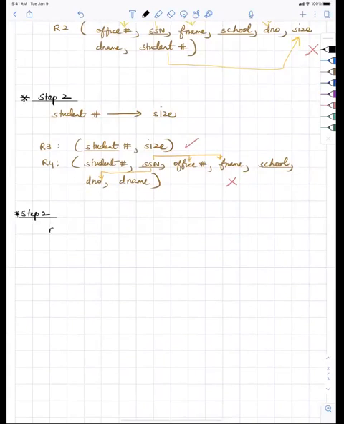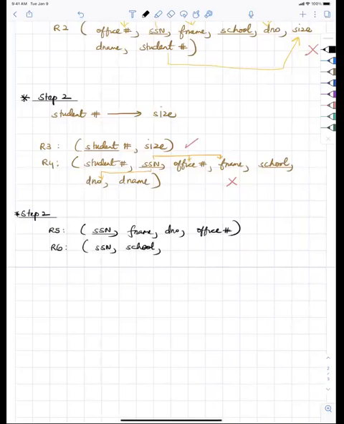So we have R5, which is SSN, where SSN is the key, and then you have R6, which is SSN, you bring it down, and then we have school, student numbers, and we have DName.